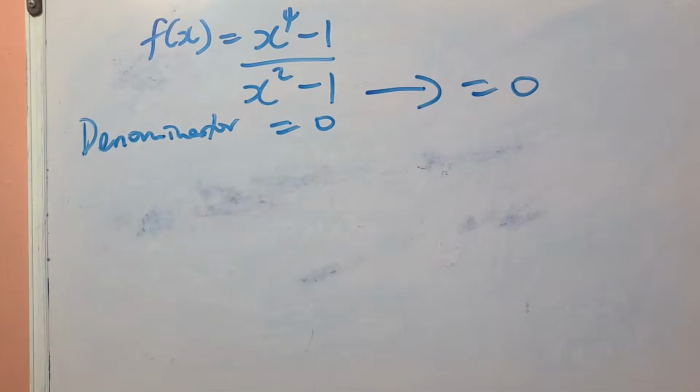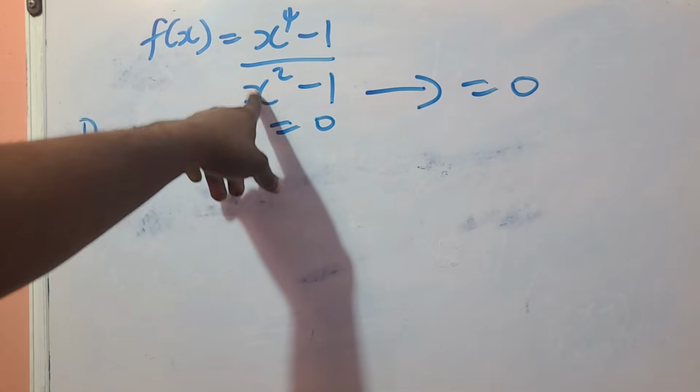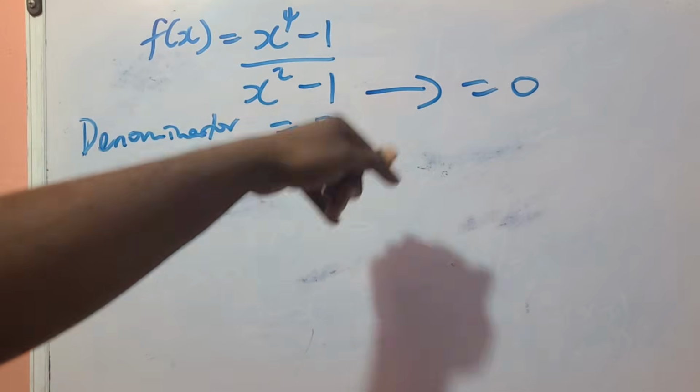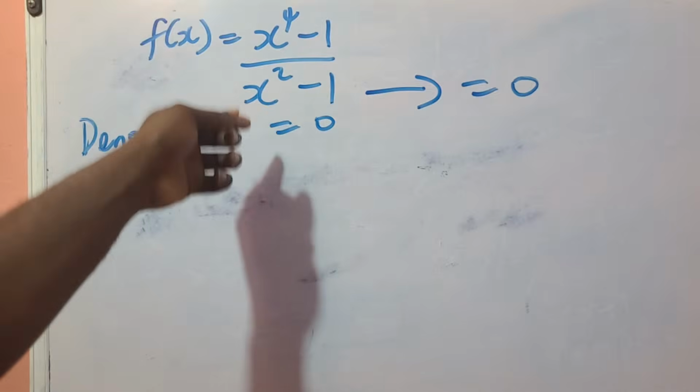What should be x? When it says plus or minus 1, obviously the point where your denominator will be 0 is where x is plus or minus 1, because if x is 1 here, that will be 1 square, 1 minus 1 will produce 0. If it's minus 1, of course minus 1 square is still 1.